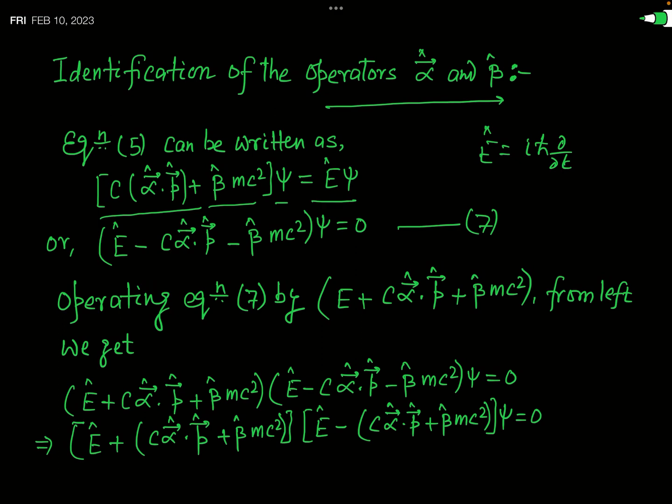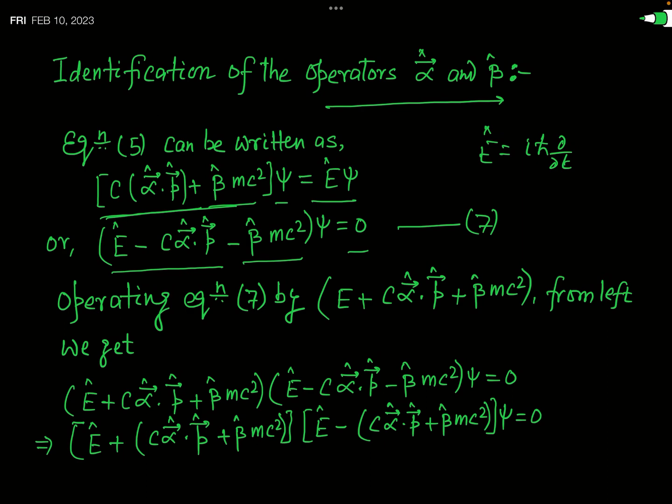Now take these two terms from the left hand side to the right hand side, and the sign will be inverted. The result will be E hat minus c alpha dot p minus beta m c square, psi, equal to 0. This is the Dirac equation.